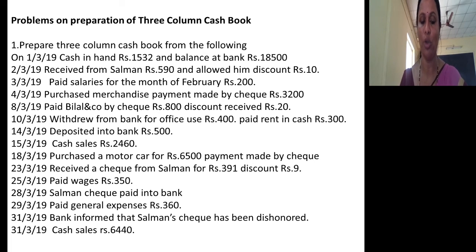Salman's account debtor to bank, because when we deposited it to the bank, the journal entry we passed was bank account debtor to cash account. Bank balance increased, assuming we would get cash for this check. But now Salman's check has been dishonored, so bank balance will reduce and Salman's account will increase. Being a debtor, his account will be as it was before making the payment.